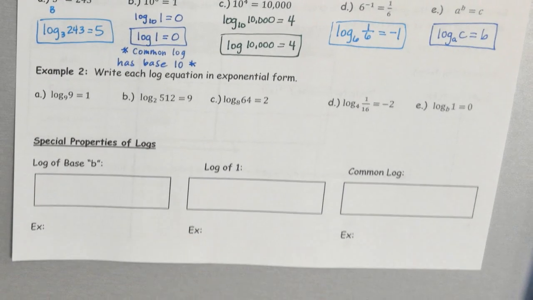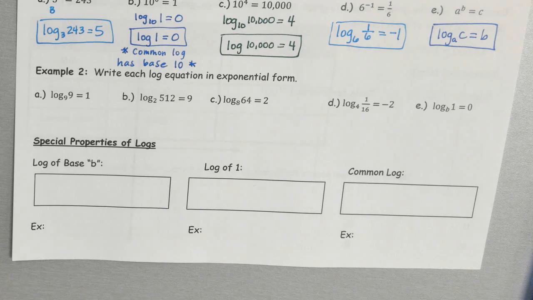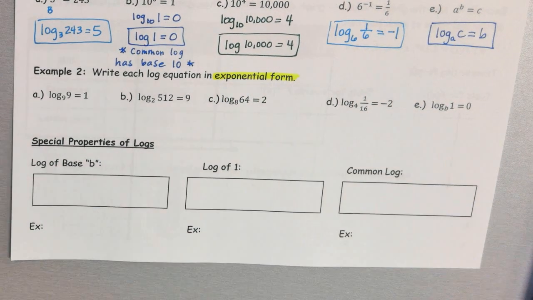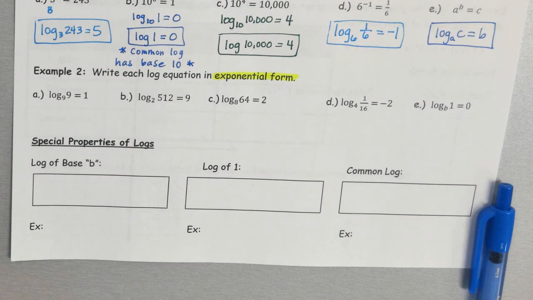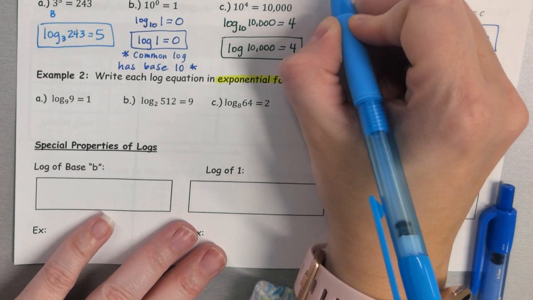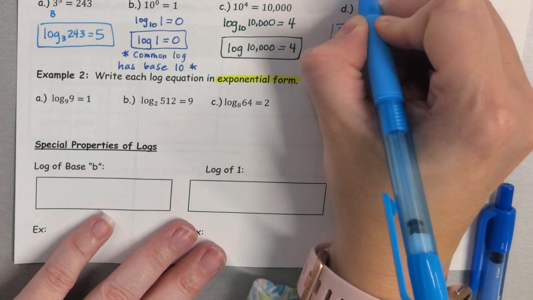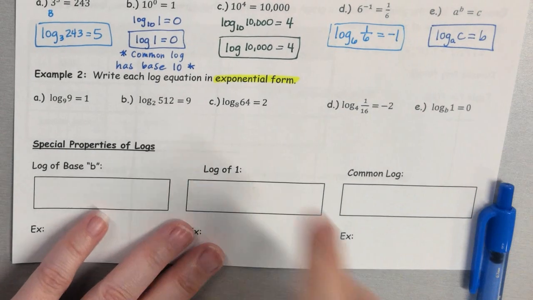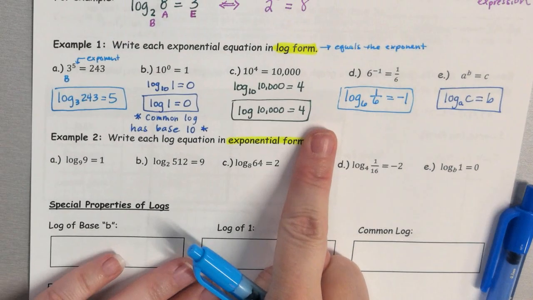Good. All right, so for example 2, now what we are going to do is write that in exponential form. Yay! So for the log form, one thing I always remember is that it equals the exponent, because I know a couple of you said you wrote those out wrong the first time.